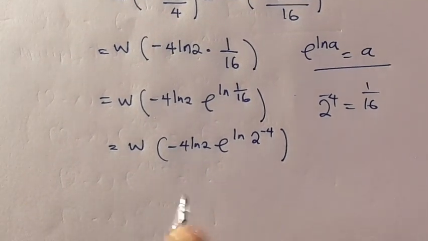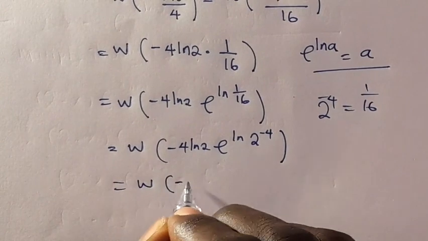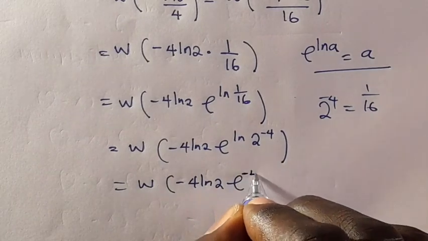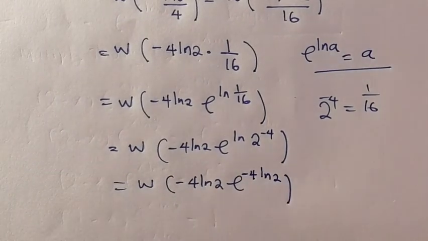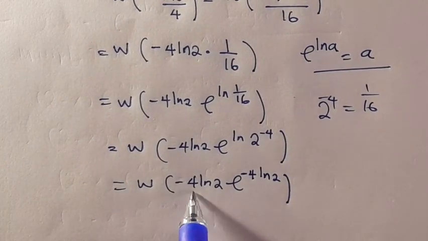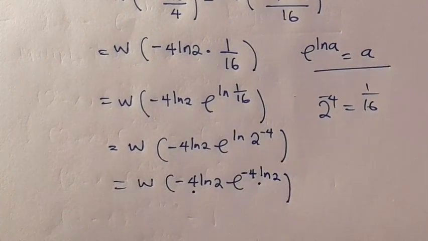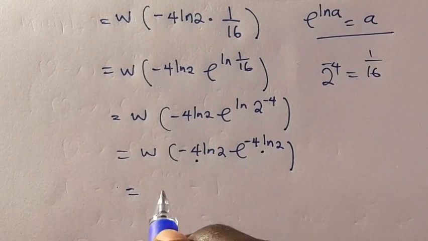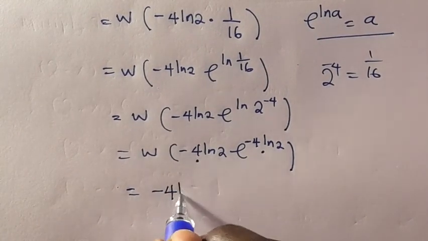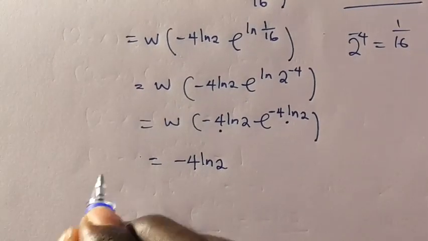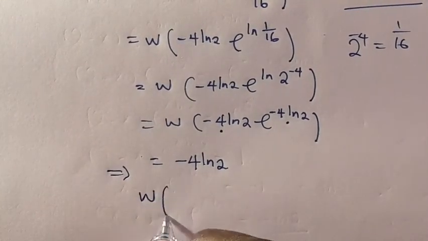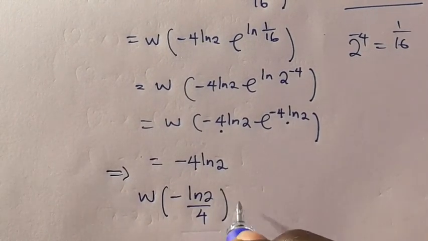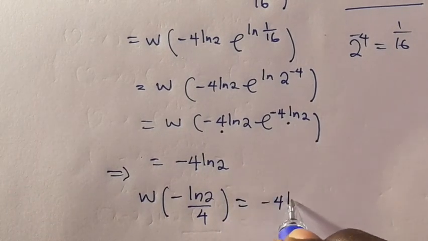Now, from here we have W of minus 4 ln2, then e raised to power minus 4 ln2. Here also, we have the same base with the same power. So this and this are the same. Therefore, we can have it to be minus 4 ln2, which implies that W of minus ln2 divided by 4 equals minus 4 ln2.